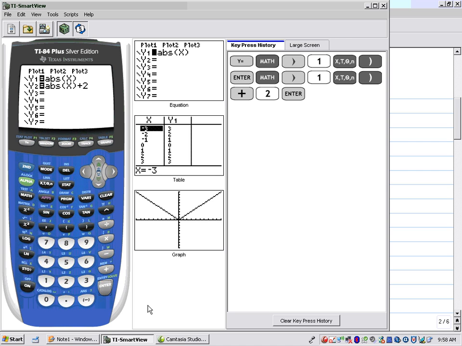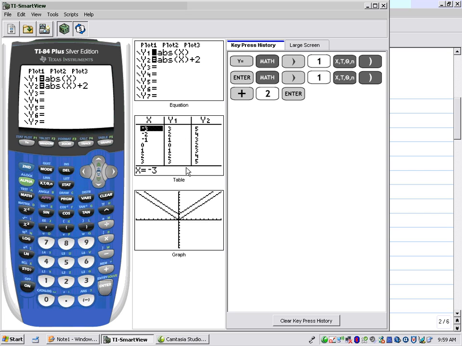So let's see what happens. Notice that when we graphed the absolute value of x + 2, it is that original absolute value of x, but now it's shifted vertically. It is shifted up 2 units. Another important thing to notice is that in the table of values, when we add 2, every y value is increased by 2.